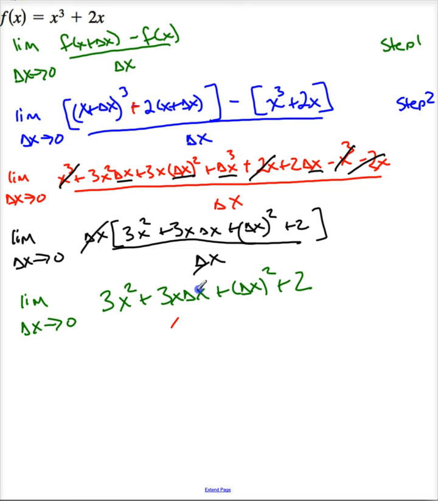Now when I take this limit, that goes to 0 and that goes to 0. So I'm left with an answer of 3x squared plus 2. And each of these steps is important, and you need to show them on your test papers.